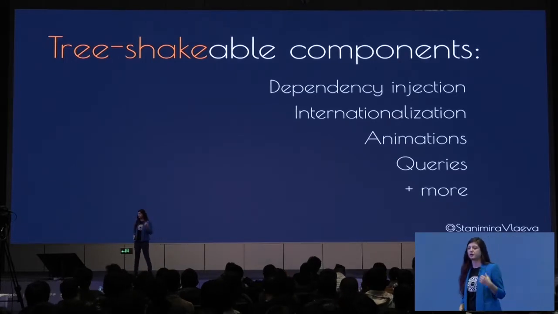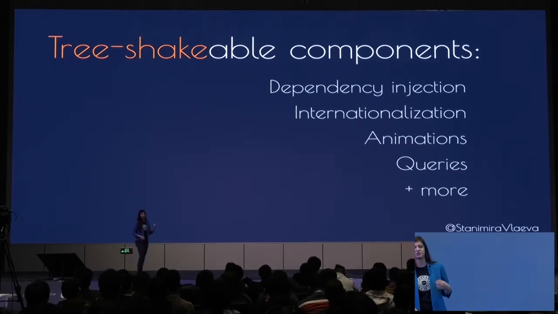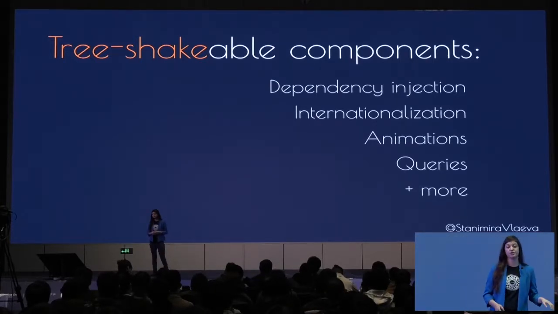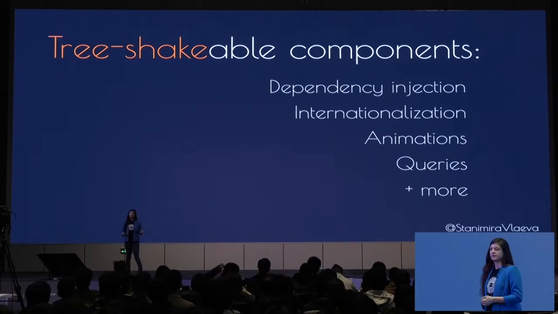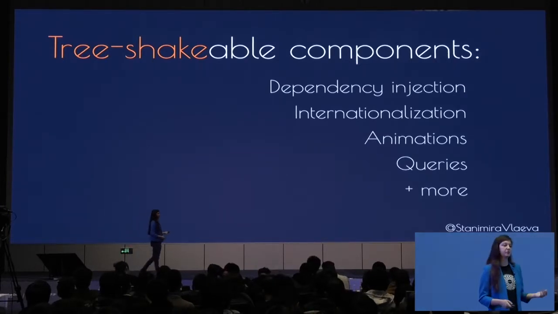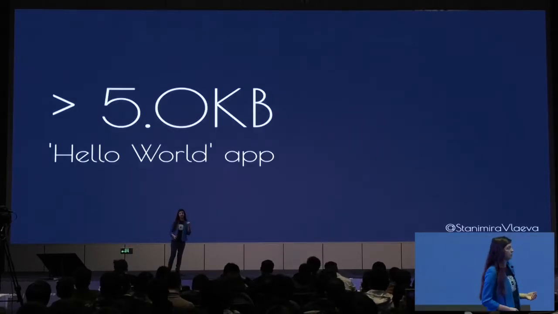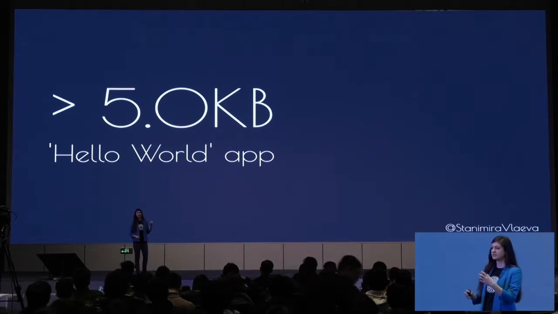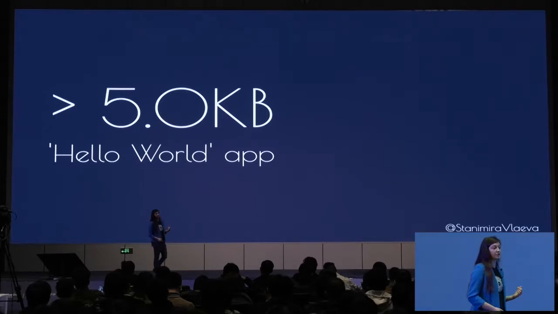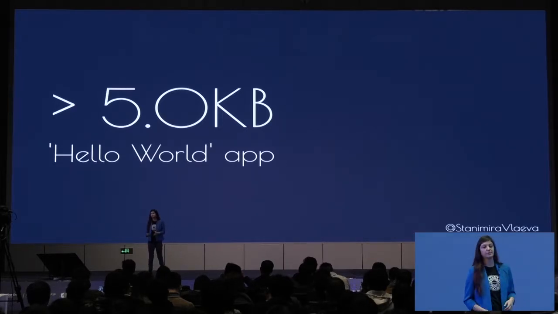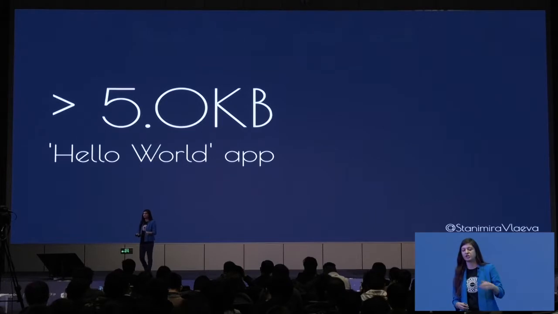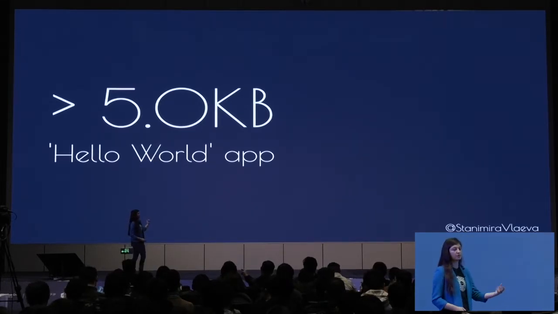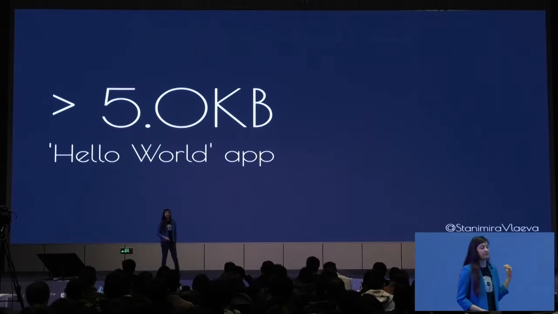The same goes for translations, animations, queries, and a whole bunch of other Angular features. In the end, this means that we have a really small Hello World app. In the smallest app, where we don't use any of the actual Angular features, Angular can tree-shake all of these features, and instead we have a really small bundle which is less than 5 kilobytes.